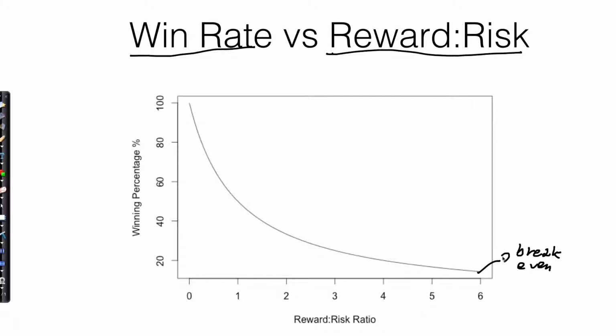Everything above here is profitable and everything here is not profitable. Let me explain. Let's say that you have a strategy with a winning rate of 60%. So you are here.